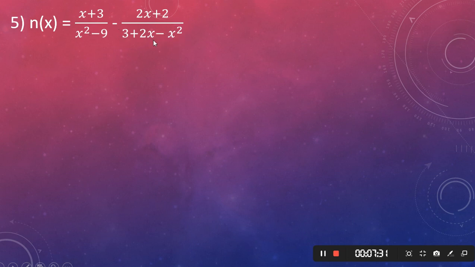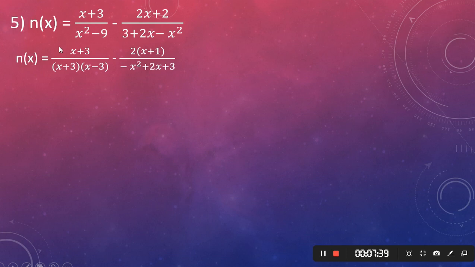We start with x power 2, then x, then the absolute term. So I will rewrite it again. x plus 3 up; down, factorize to be x plus 3 times x minus 3, minus this 2 up, x plus 1 down. I will write first negative x power 2 plus 2x plus 3.